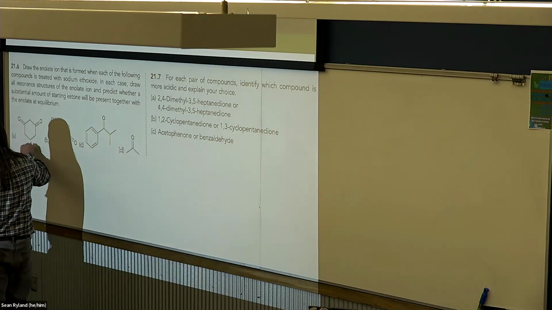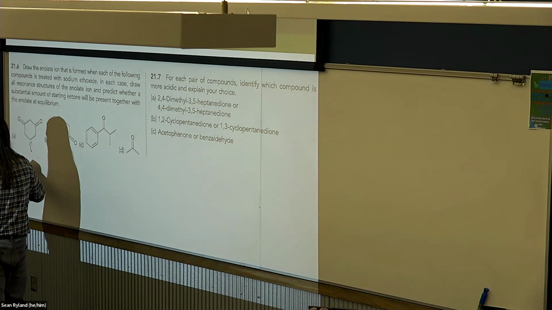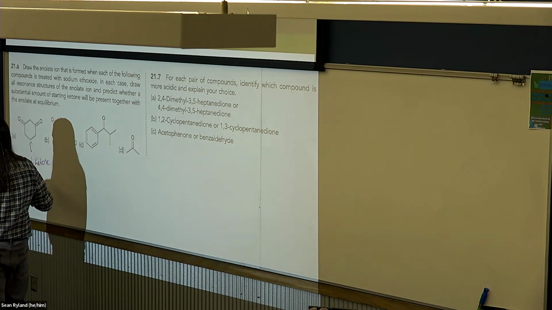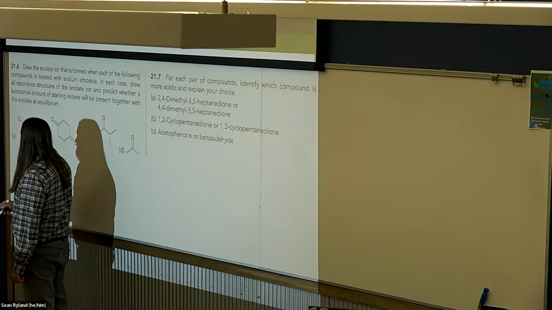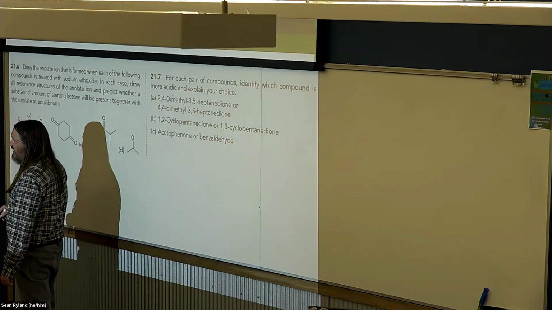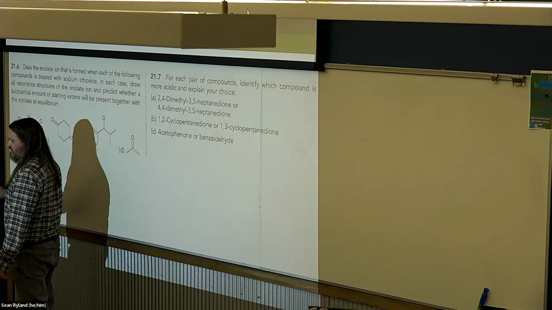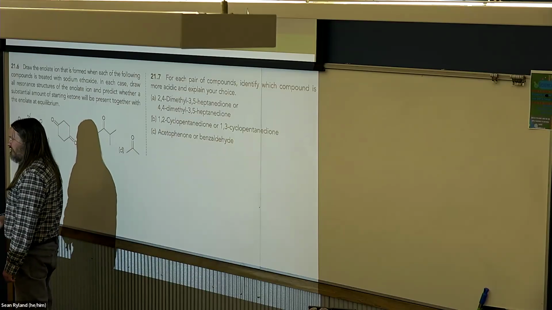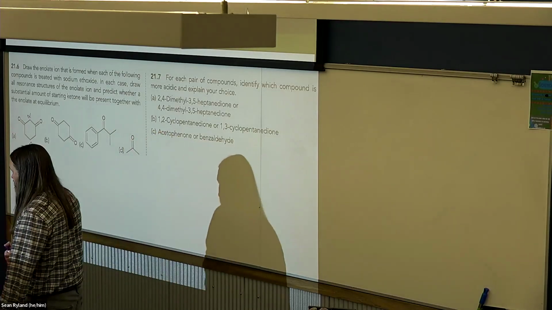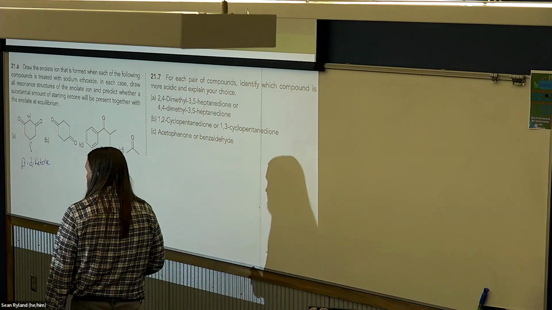This is the textbook example of a beta diketone. Beta diketones. This alpha carbon is way more acidic than either of these others because it's stabilized by both. So really, you're only going to get one measurable product. So we just have that.